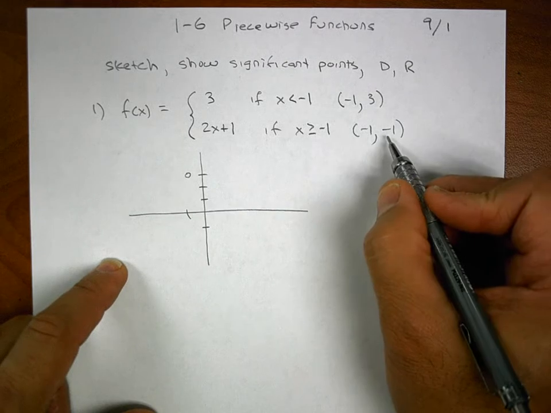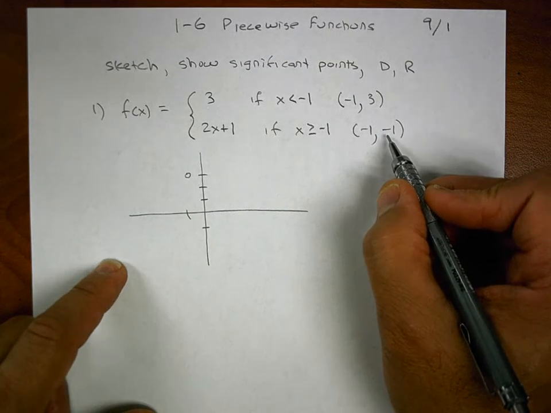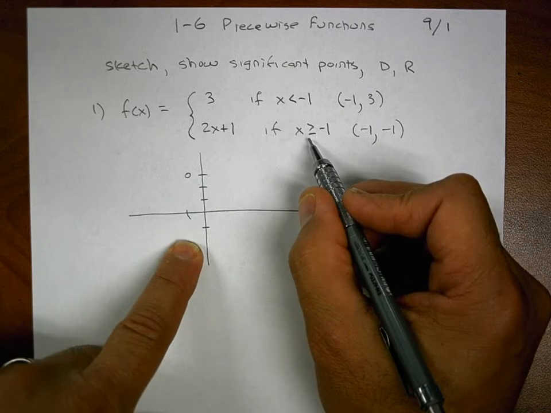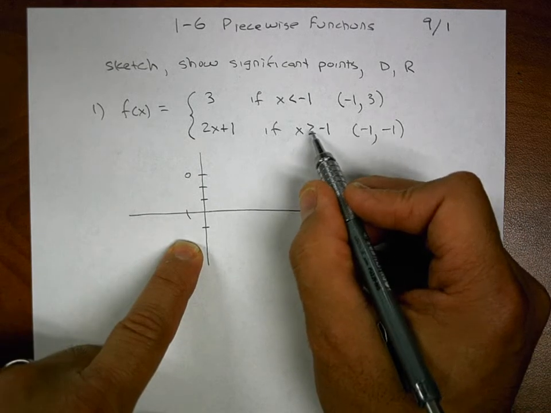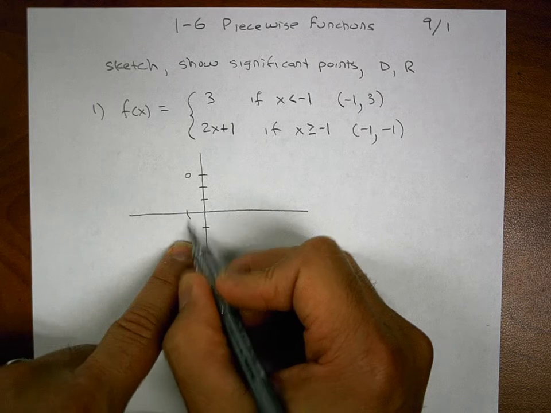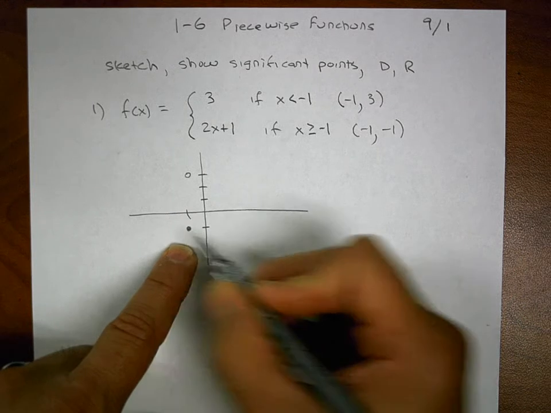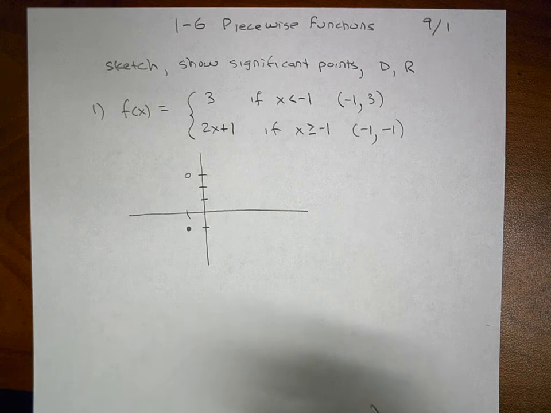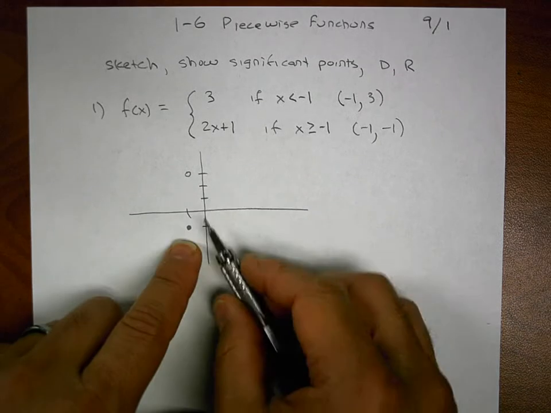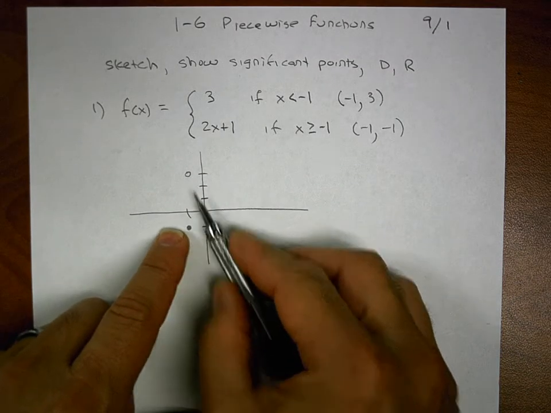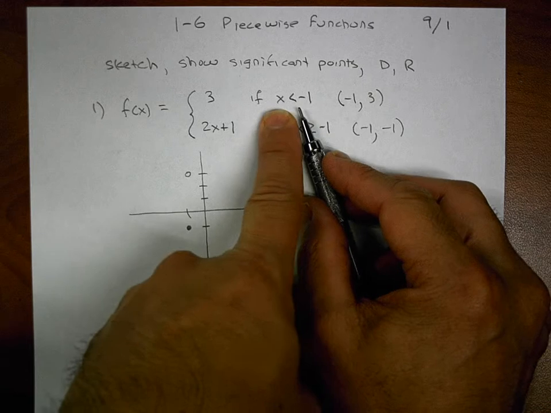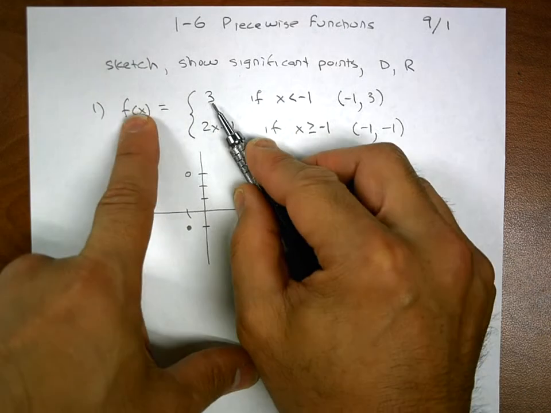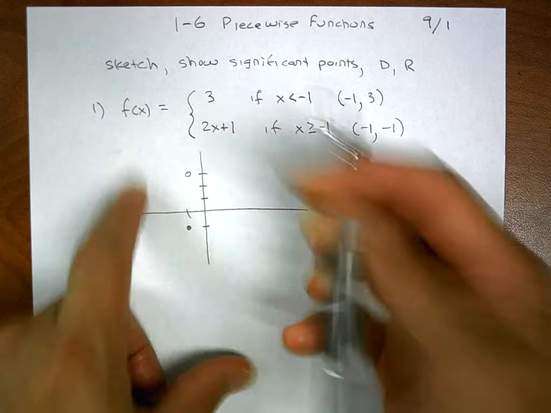Okay, let's go to this one. So -1, -1. -1 there. Is it going to be open or closed? Closed right there because it's greater or equal to. So -1, -1, closed. Okay, now we're going to graph this piecewise function. So just like yesterday. So let's do this first one. We should see this horizontal line, y equals 3. I mean, we know what it looks like.